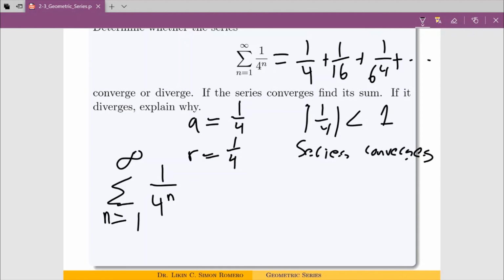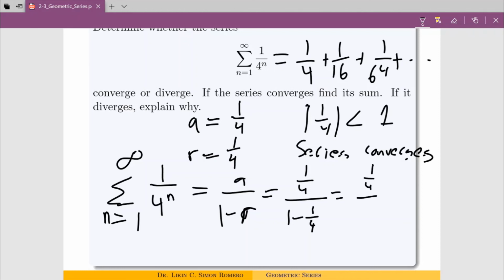So the sum of these terms is a over 1 minus r, which is 1/4 over 1 minus 1/4, or 1/4 over 3/4, which is going to be 1/3. And so we get that this series here converges to 1/3.